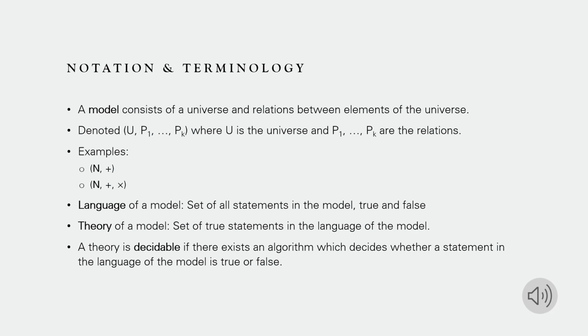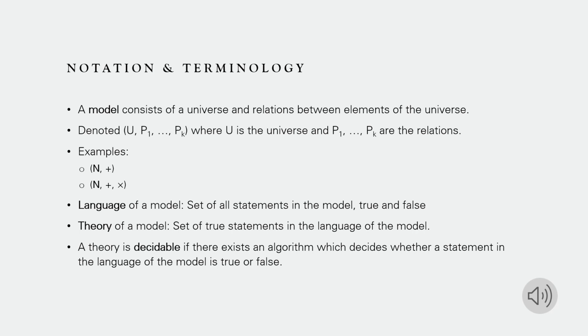We also see two examples, where in the first example, N represents the natural numbers as the universal set. The addition represents the relation. In the second example, N again is the universal set and the addition and multiplication are the relations.